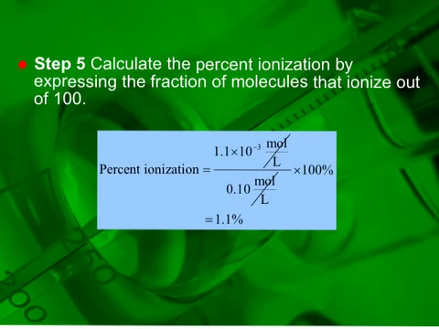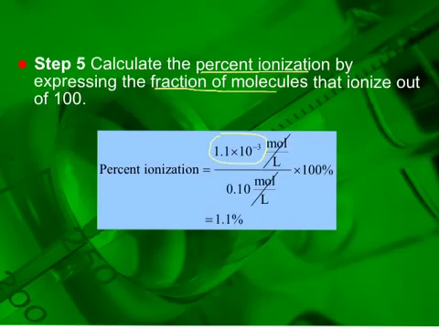And the last step is now to calculate the percent ionization of the original reactant, of the propanoic acid. And we can do that by just calculating the fraction, the number of molecules that ionize. Now, we know that only 1.1 times 10 to the minus 3 moles per liter of the propanoate, the conjugate base, was formed.